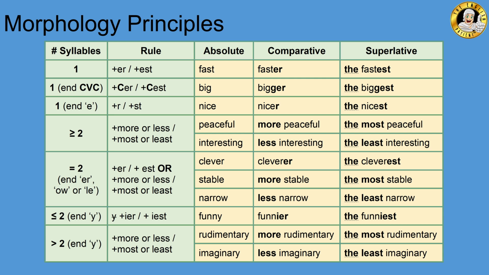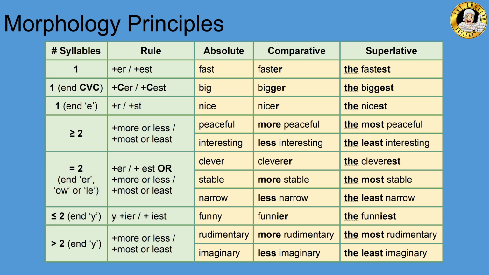Now, for words which have two syllables and which end in er, ow, or le, in most of these cases you have a choice. You can add er or est to make the comparative or the superlative, or you can add more or less, or most or least. For example, clever. You can say cleverer.